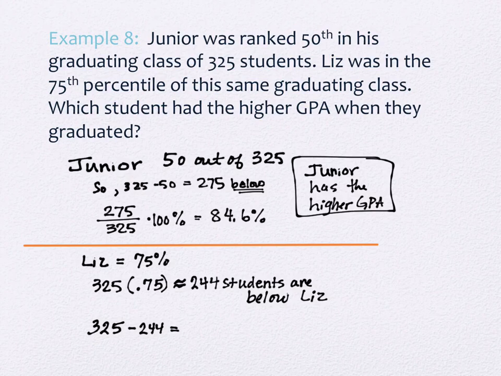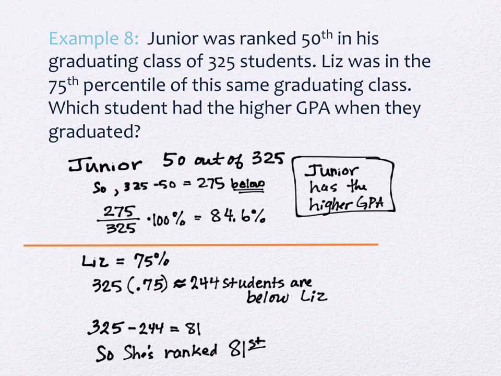You're actually right. So 325 minus 244 is what? 81. So there's 80 people above her, so she's ranked 81st, compared to Junior who's ranked 50th.